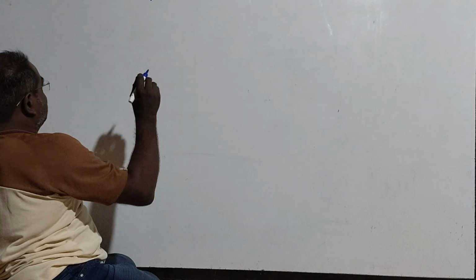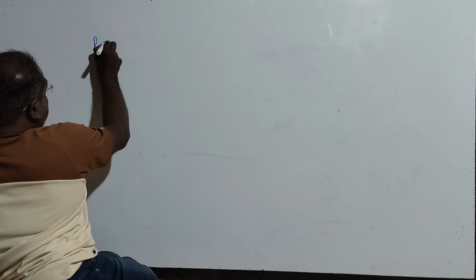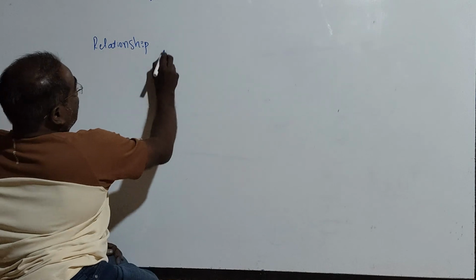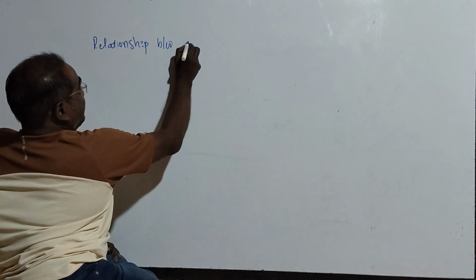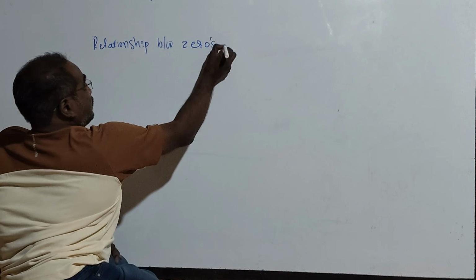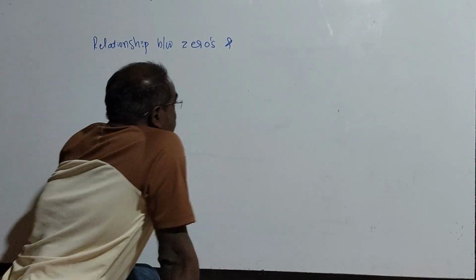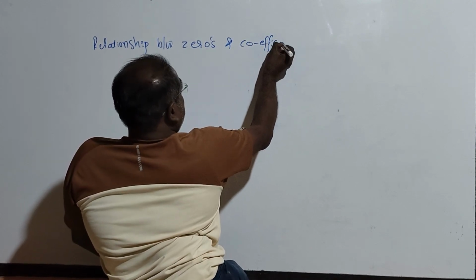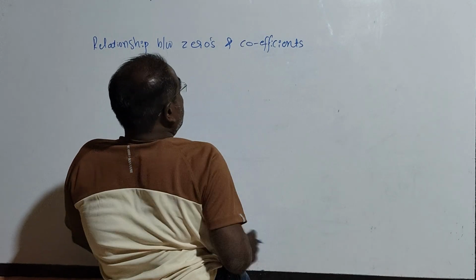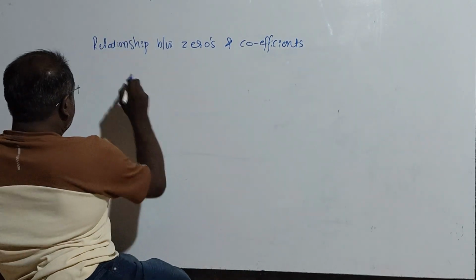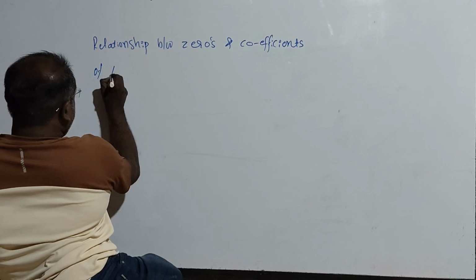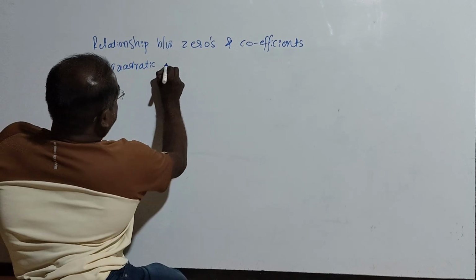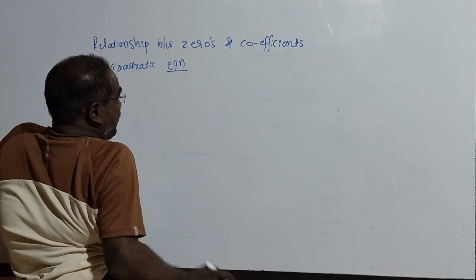the relationship between zeros and coefficients of a quadratic equation.